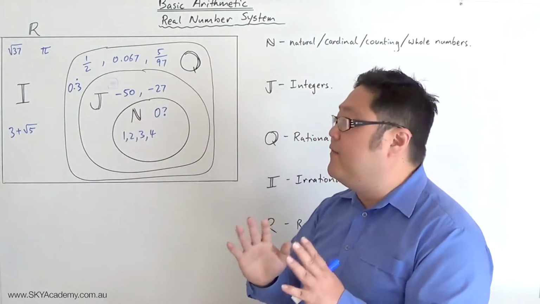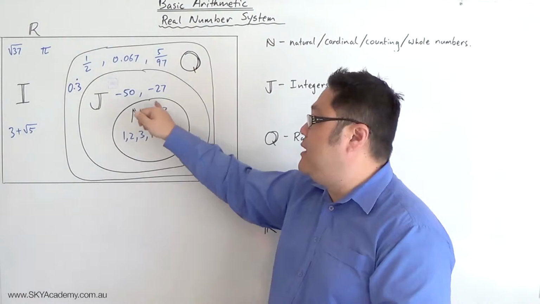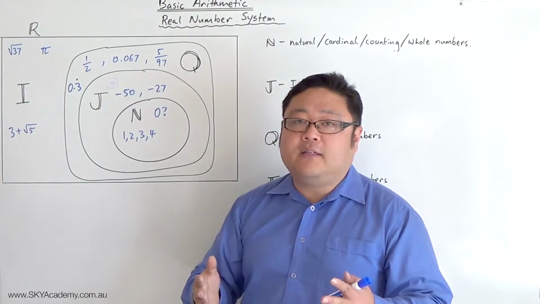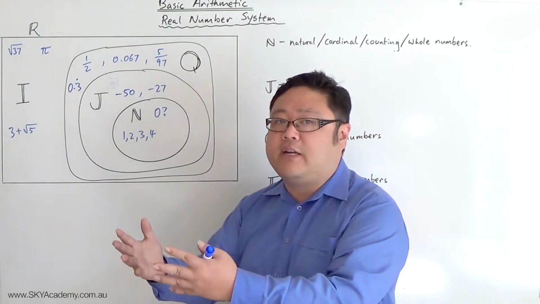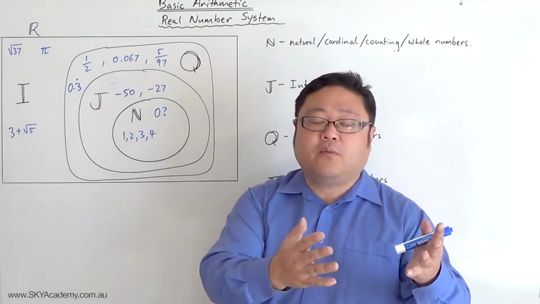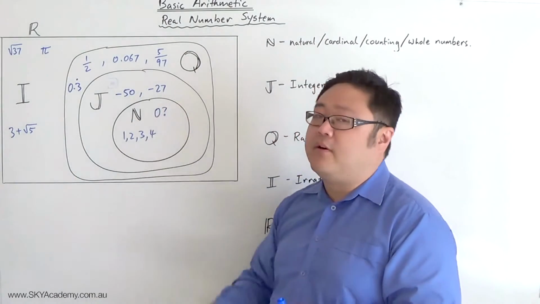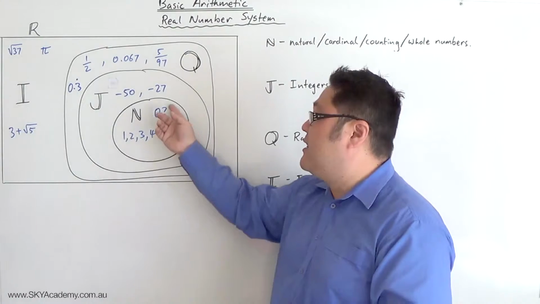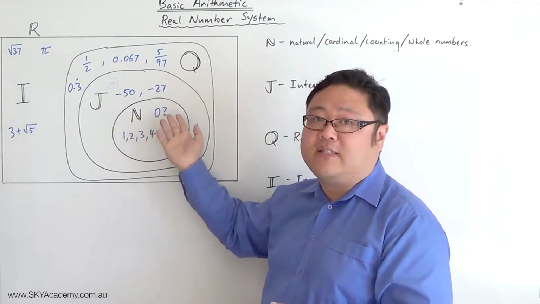Now there is a bit of an argument as to whether 0 is to be included in our natural numbers or not. I'm sure you can find people that say 0 should be included in our counting numbers, and people that would argue that 0 shouldn't be included in our natural numbers. I guess it all goes back to throughout history, when 0 really was accepted as a number in and of itself.